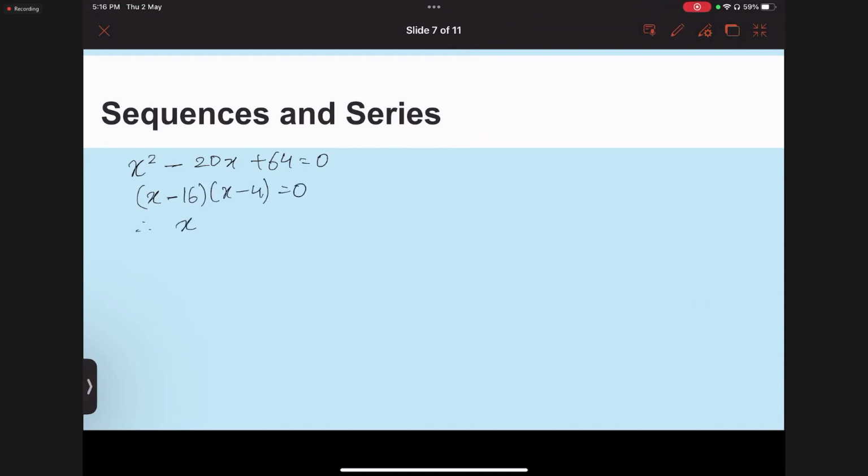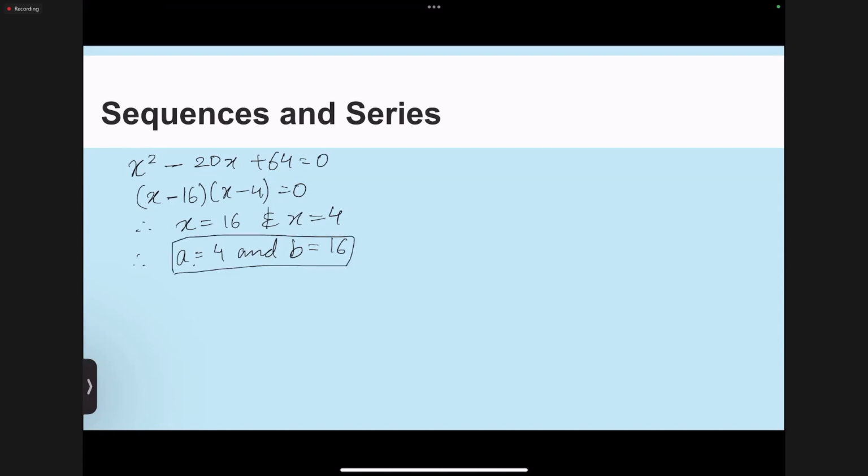Therefore, the two roots are x equals 16 and x equals 4. So now suppose we put A equal to 4 and B equal to 16.